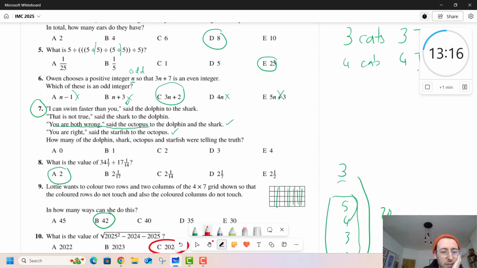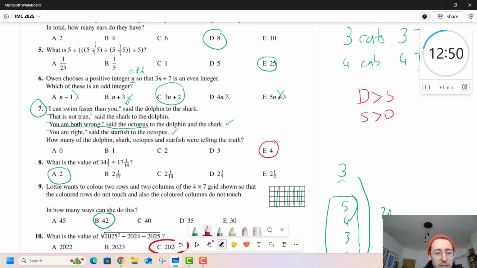So dolphin's saying I swim faster than you, so dolphin faster than shark. Shark saying shark faster than dolphin. If they're both wrong, then they swim at the same speed. So if that's true, and the starfish is saying yeah, you're right, they both swim at the same speed, so they could all be true.